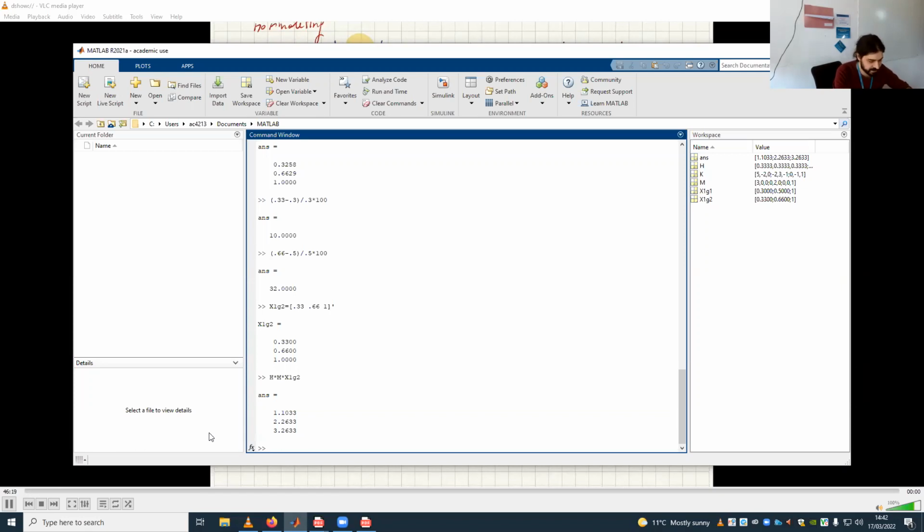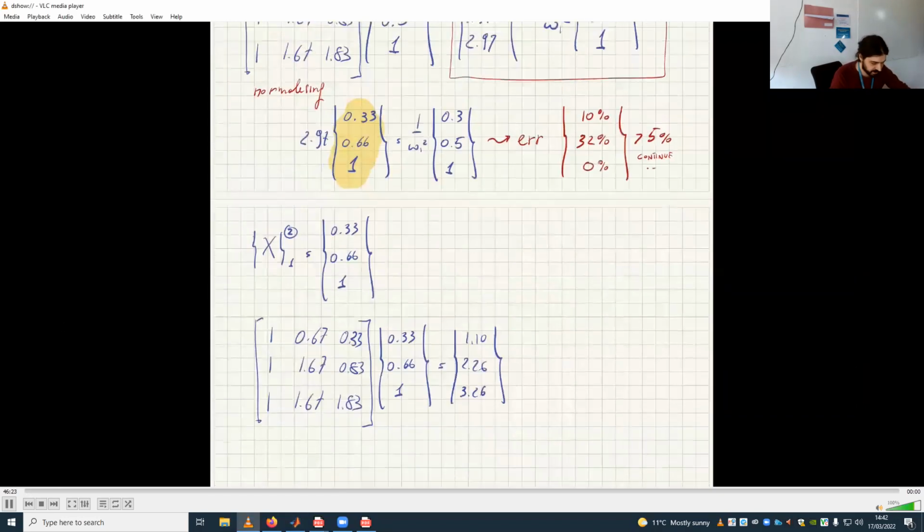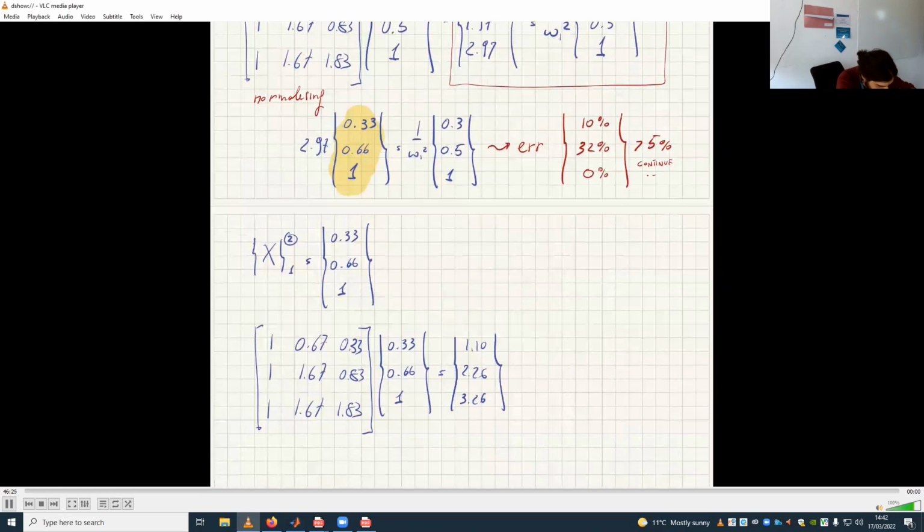This is my left-hand side. And I argue that my left-hand side should look like 1 over omega 1 squared times the guess number 2, which is 0.33, 0.66, and 1.